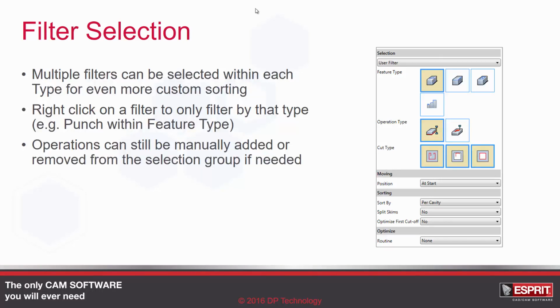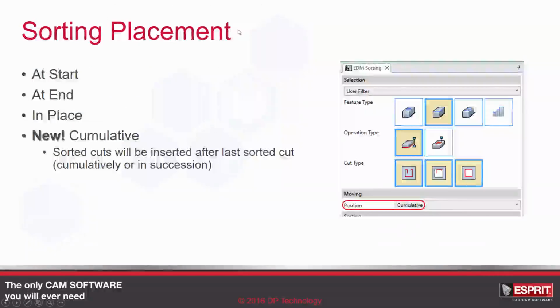So for example, if you only wanted to select punches within your feature type, you can right mouse click on punch and that will be the only item that's selected. And as you're using this use filter, you can actually still manually add or subtract from the selection group directly from the machine operation list if needed.